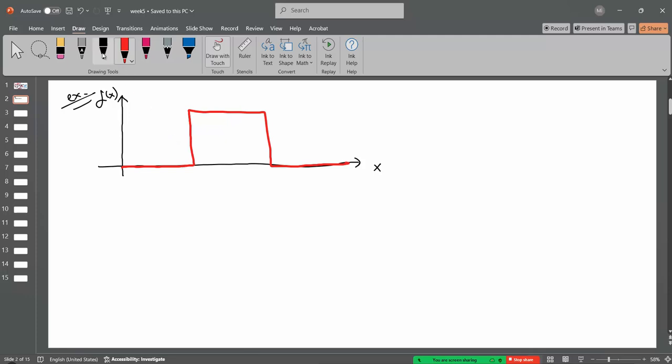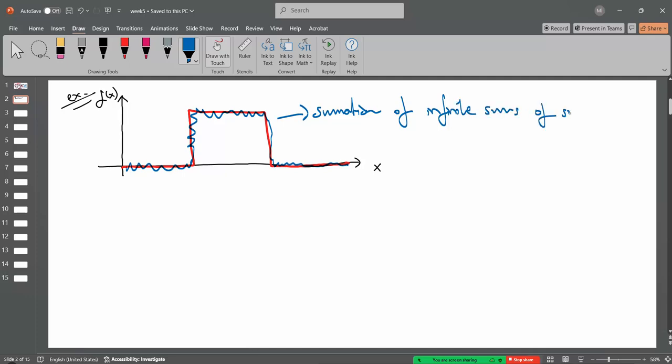This is not a differentiable function, but if you are using the Fourier series, the infinite sinus and cosinus can create this signal based on this formation. And so this is the summation of infinite sums of sinus plus cosinus, okay?